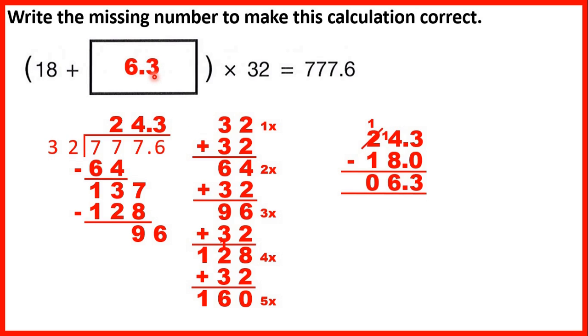So that's our missing number. 18 plus 6.3 is 24.3, and then when we multiply that by 32, we get 777.6.